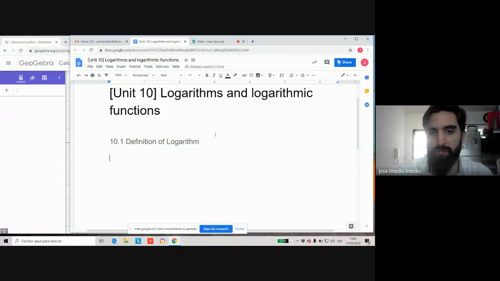Okay. So first of all, I'm going to start with a sample word problem for you guys to understand why we need logarithms.